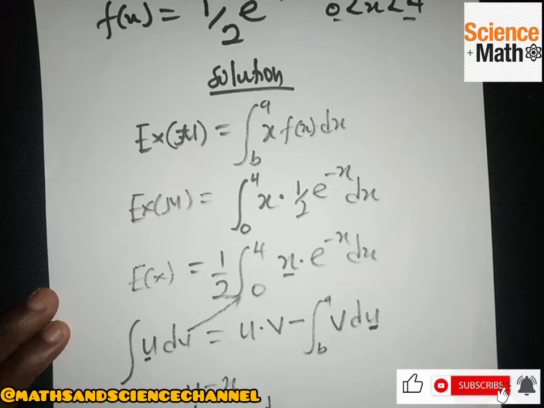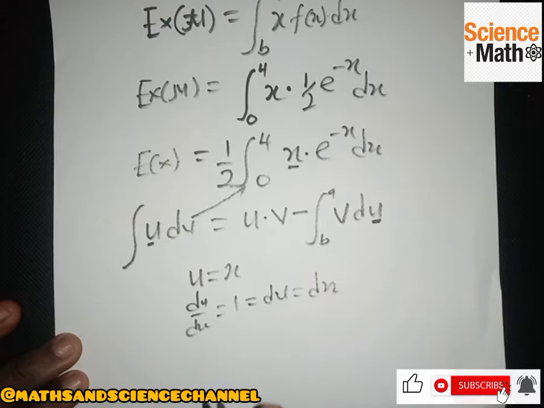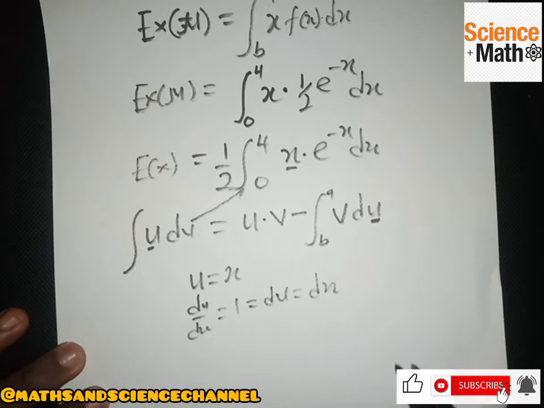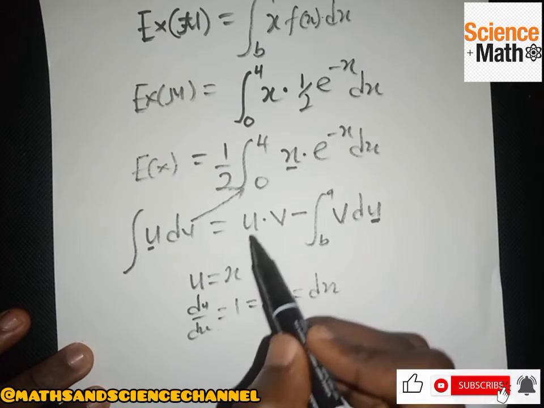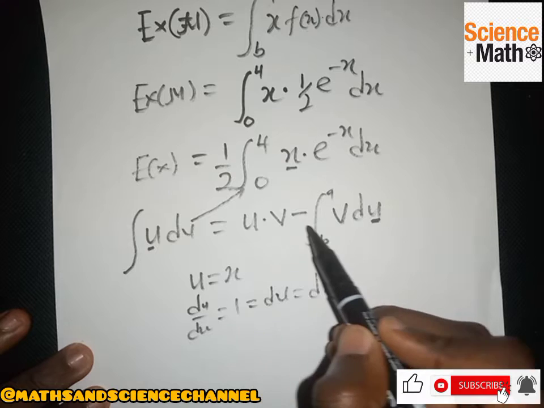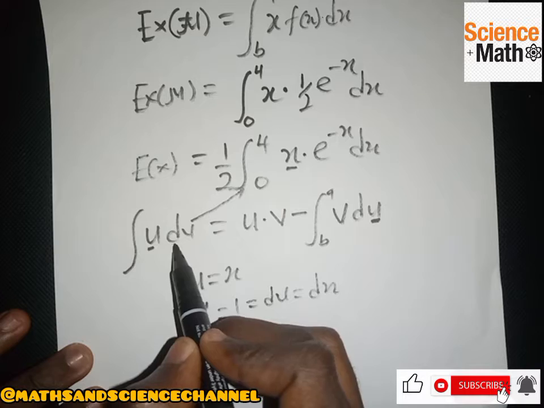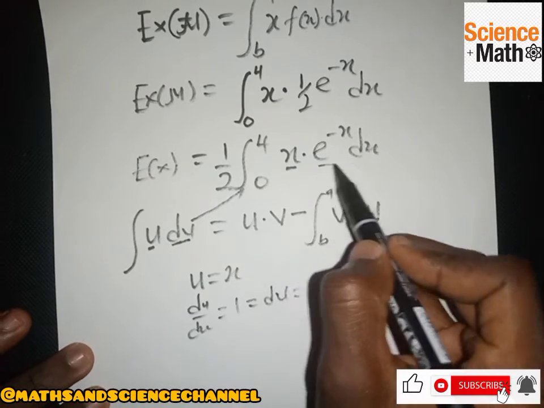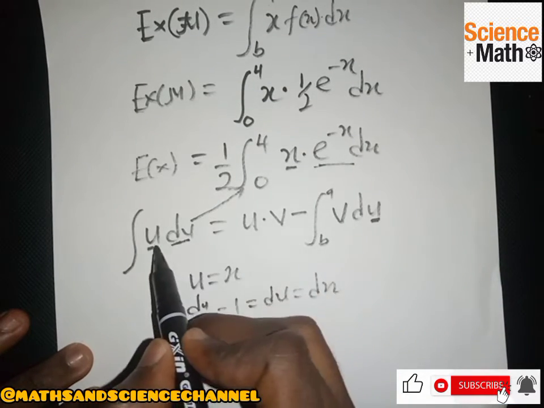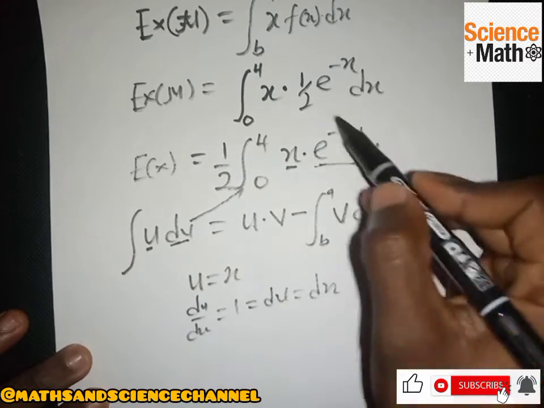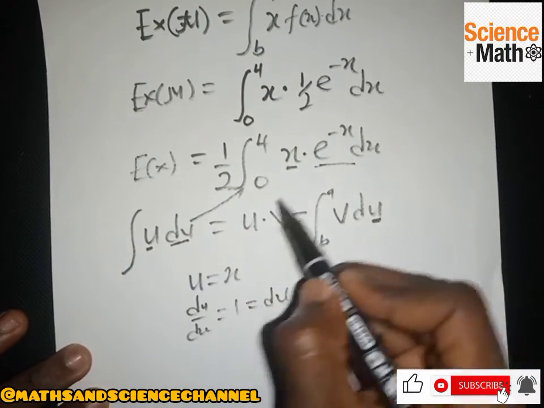So in this case we have du equal to dx. Now if du equals dx, what do we need again? We have u, we need v. Over here we are given dv to be e to the minus x dx. So if you compare, u is that, and dv is that.